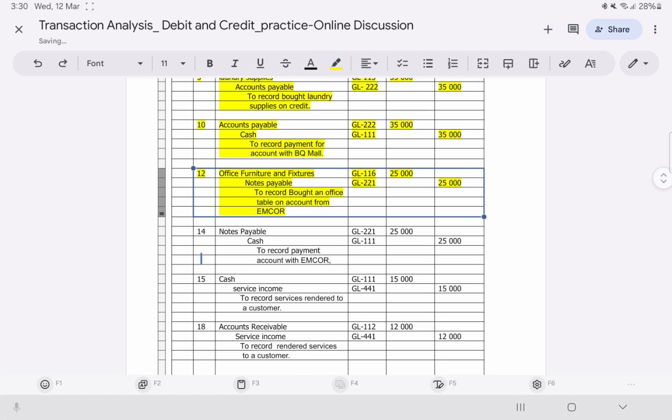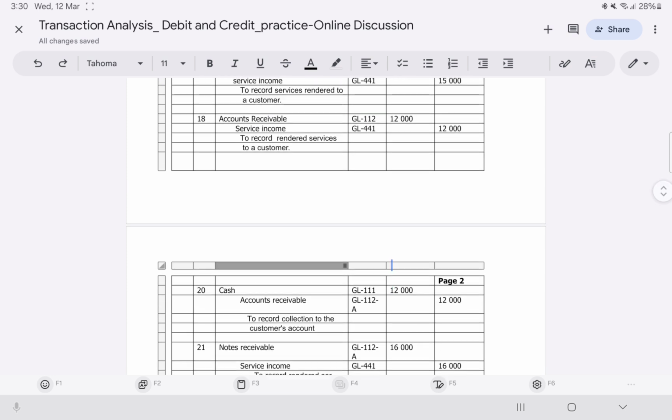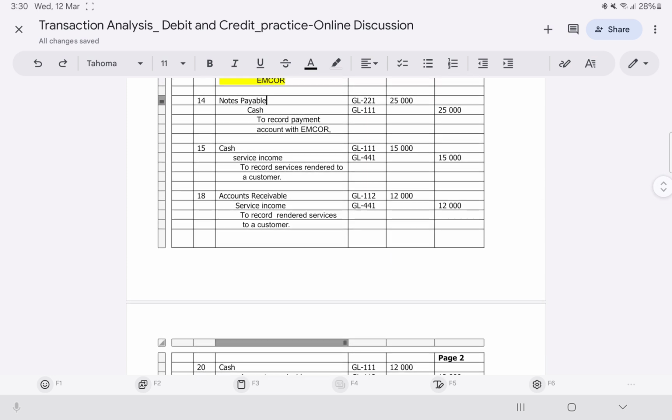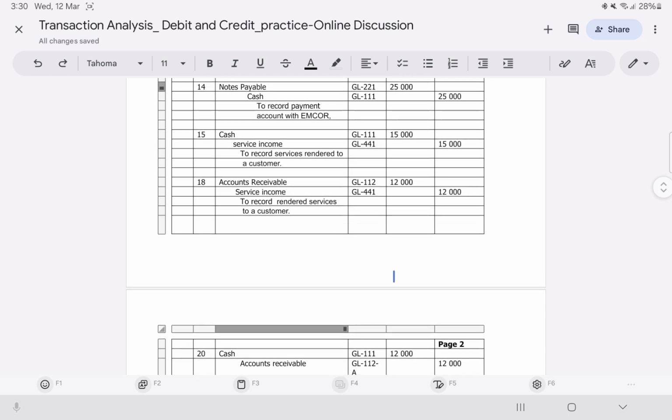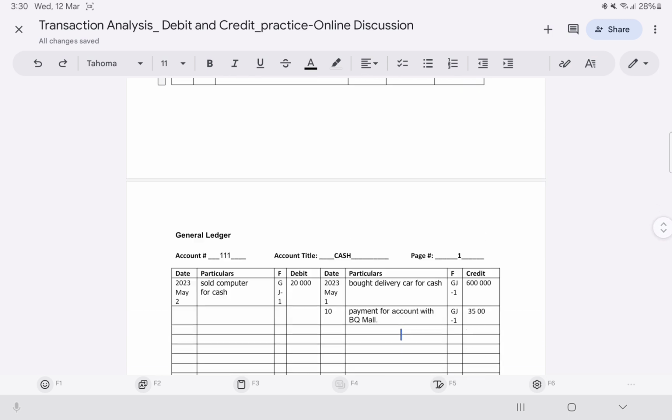And next is transaction 14 on May 14, notes payable. So let's record in the debit. Notes payable 25,000. Okay, so we paid the debt for the notes payable.